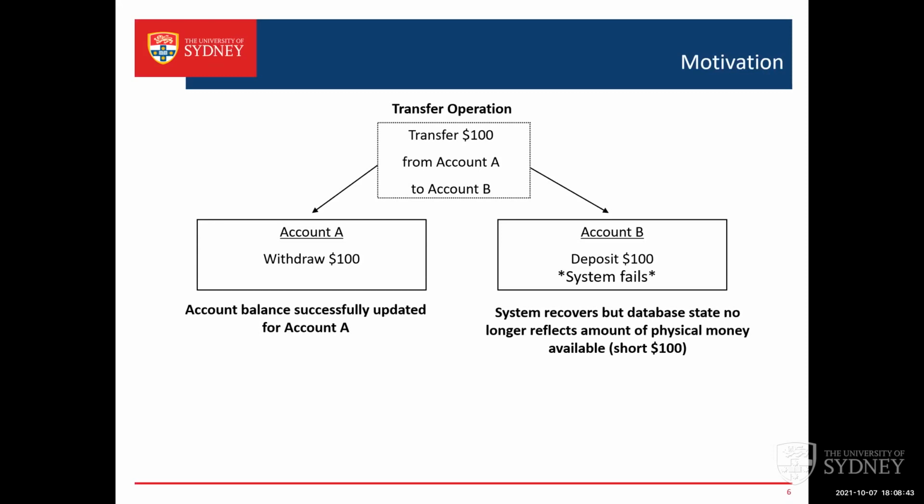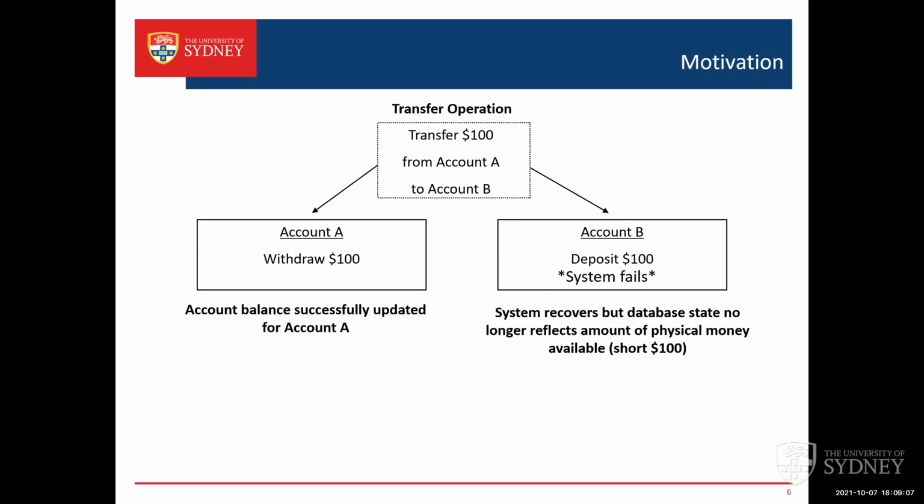But when we calculate everything, you will see that the total money in these 2 accounts does not match, right? Because we withdrew $100 from account A, but we did not deposit it in account B. So we are $100 short. Hopefully that is making sense.